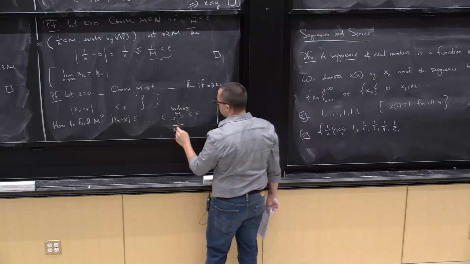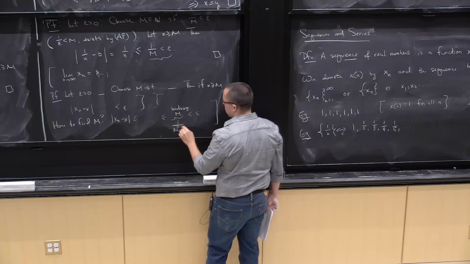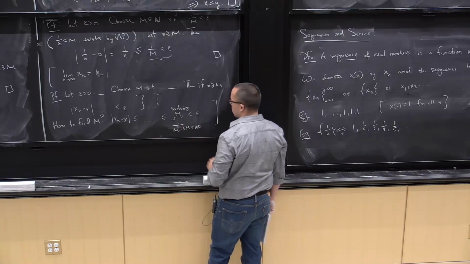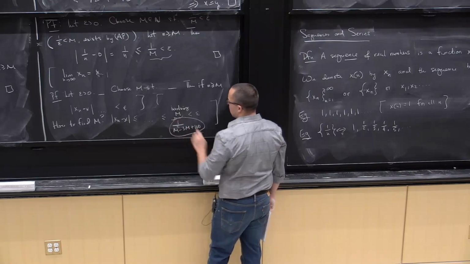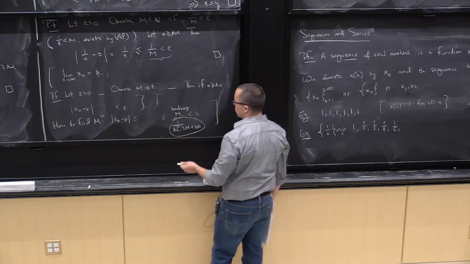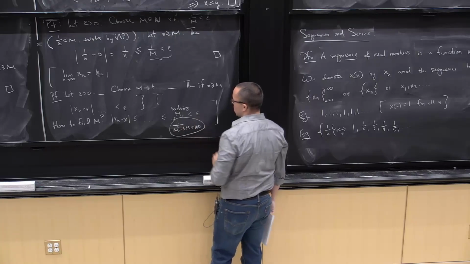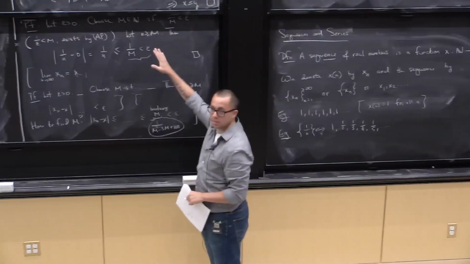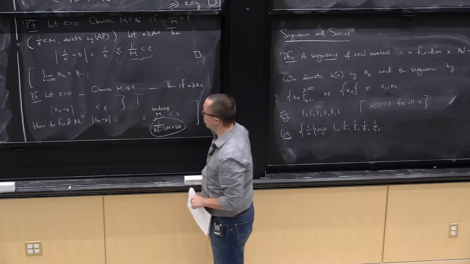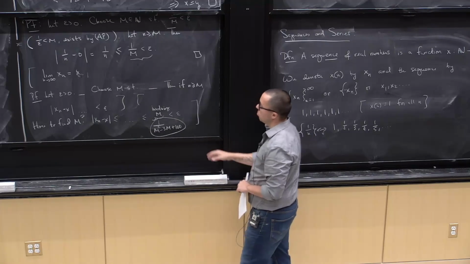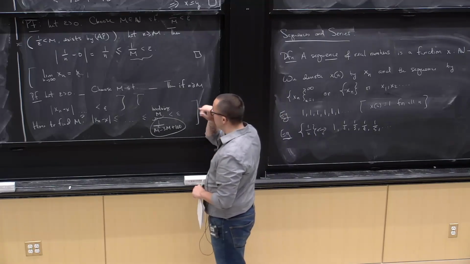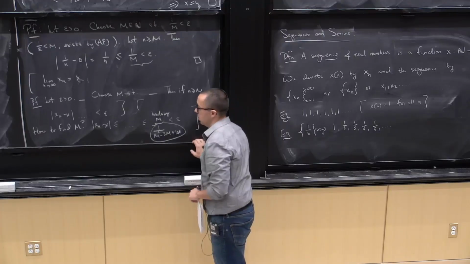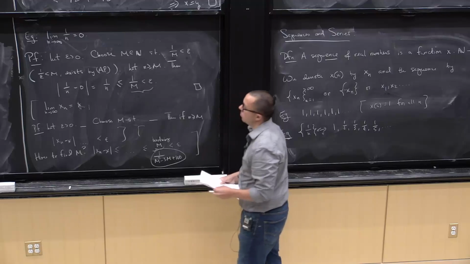But if, for example, you ended up with 1 over M squared minus 3M plus 100, I would not say this is a simple enough expression to be able to say choose capital M so that this is less than epsilon without more explanation than what I just gave here. Okay? And we'll do some more examples next time to flesh this out a little bit more. Okay? All right, so we'll stop there.